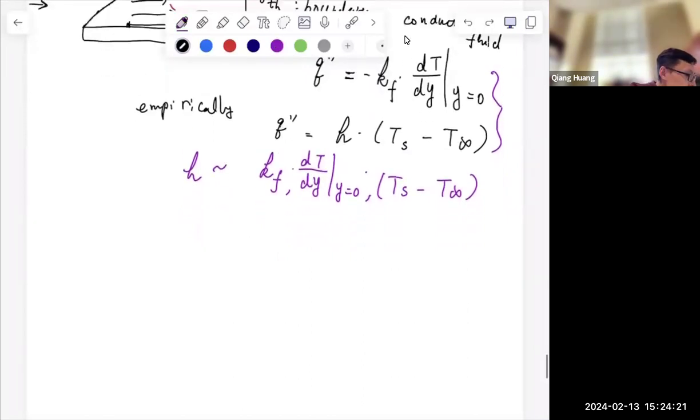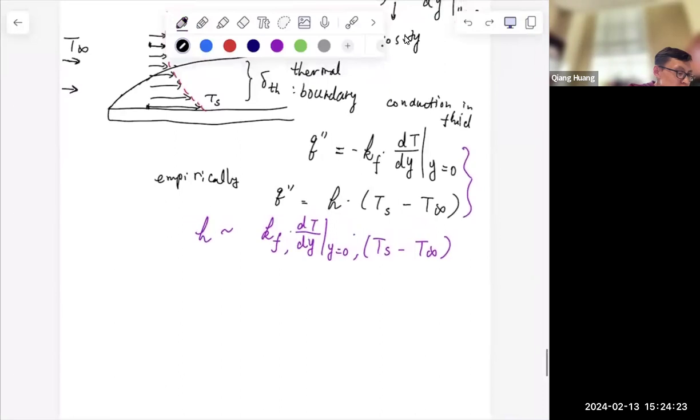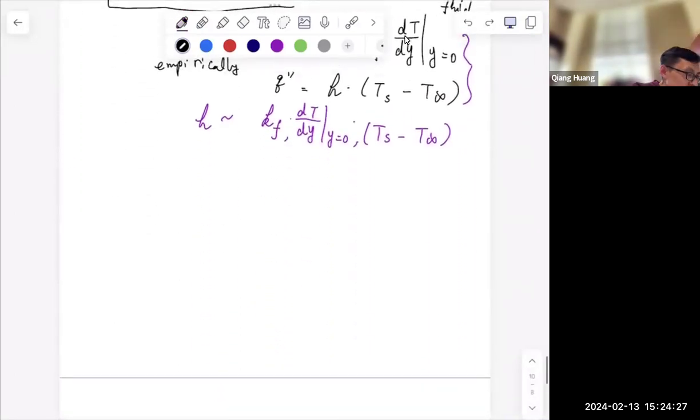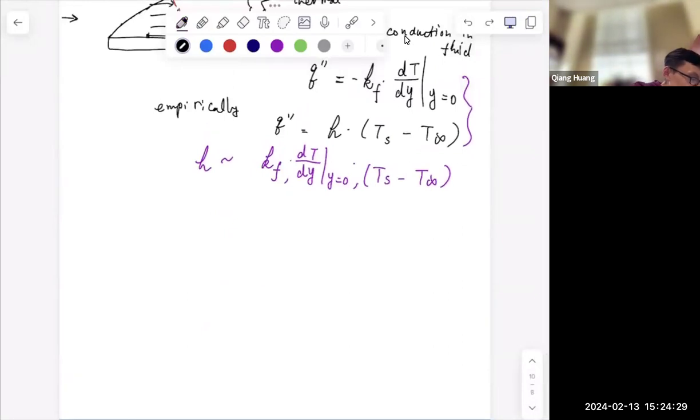Okay, and then the other transport process related to this fluid is mass convection, convectional mass transport. In other words, if you have a solid that is being dissolved into water, so this plate is a solid that can be dissolved in the water.